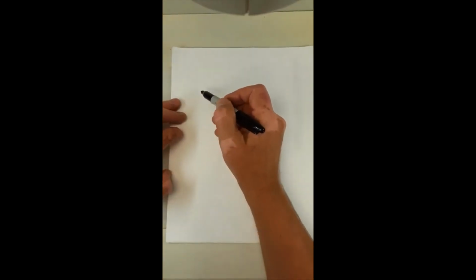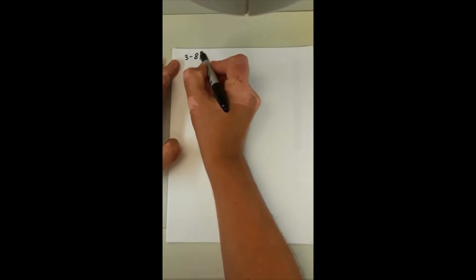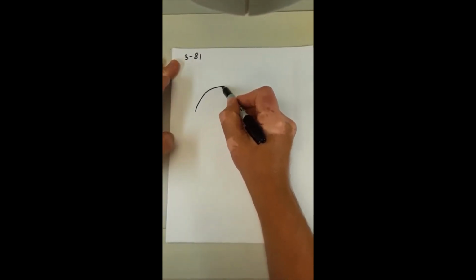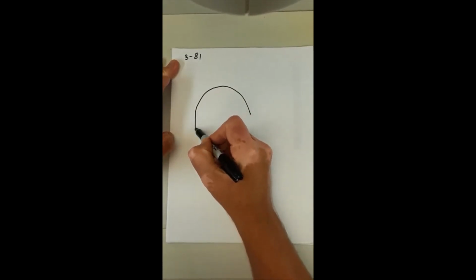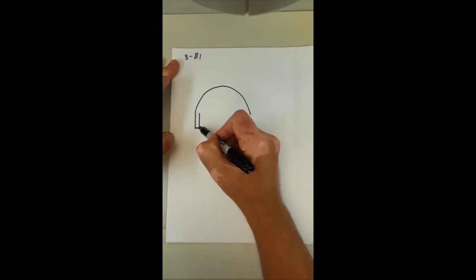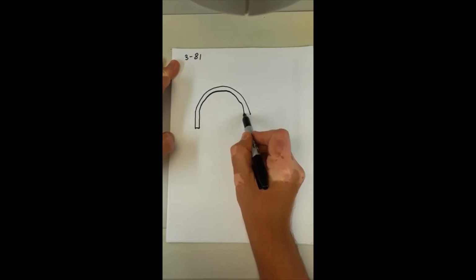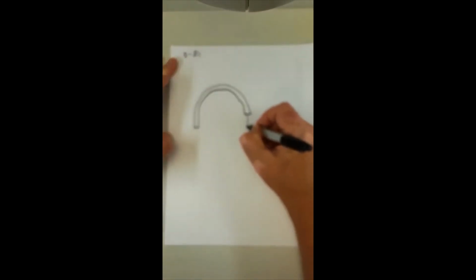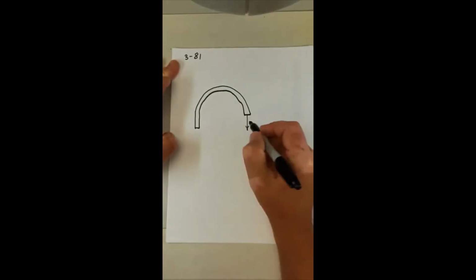Okay, so the problem is 3.81, and we have that curved beam, so there is an arc of a circle, and it extends down straight, the straight portion, and I'm exaggerating the thickness of the bar. I don't care about the hook here, and this is the load F, which I want to find.